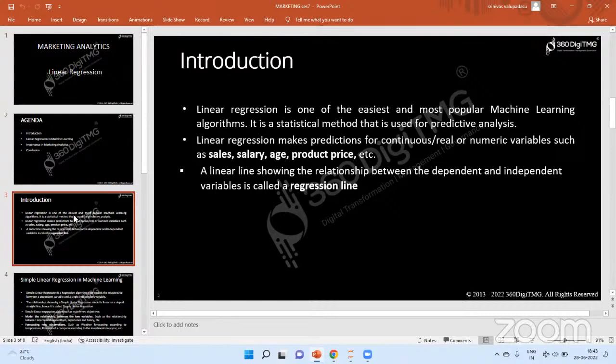Linear regression gives a relation between one dependent variable with respect to one or more independent variables. We have types of linear regression. In simple linear regression, we give the relationship between the independent variable and the dependent variable. If the independent variables are more than one, then we go for multiple linear regression.